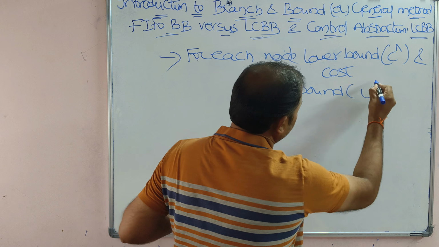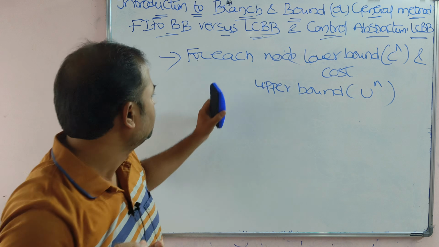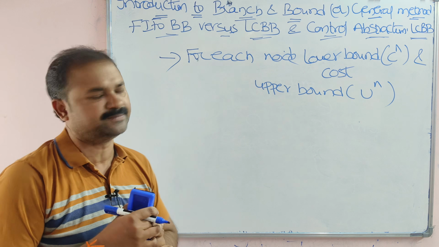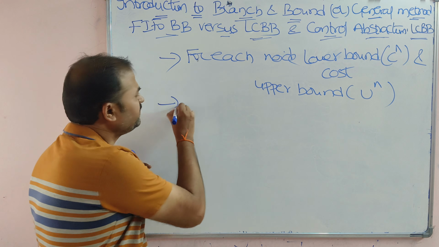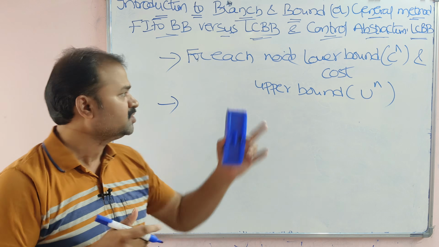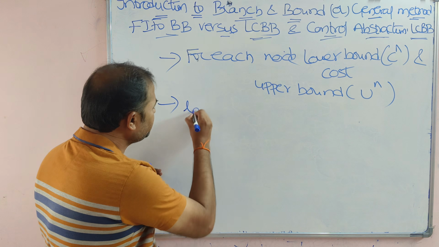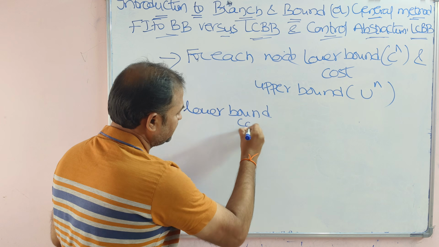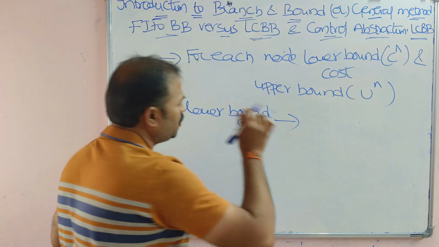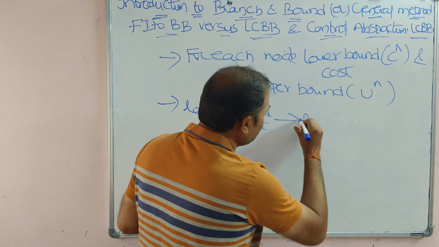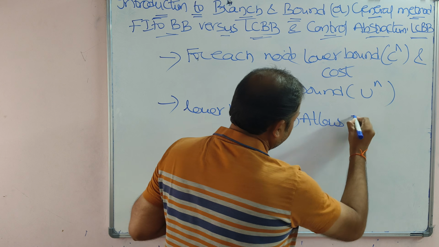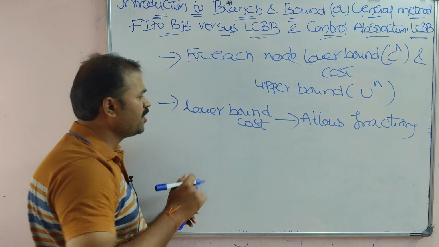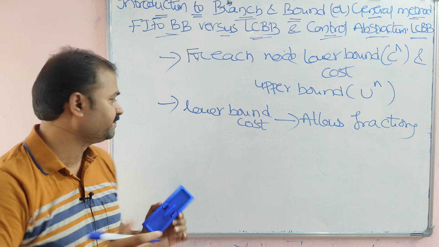What is the difference between lower bound and upper bound? While calculating the lower bound for the state space tree, fractions are allowed.